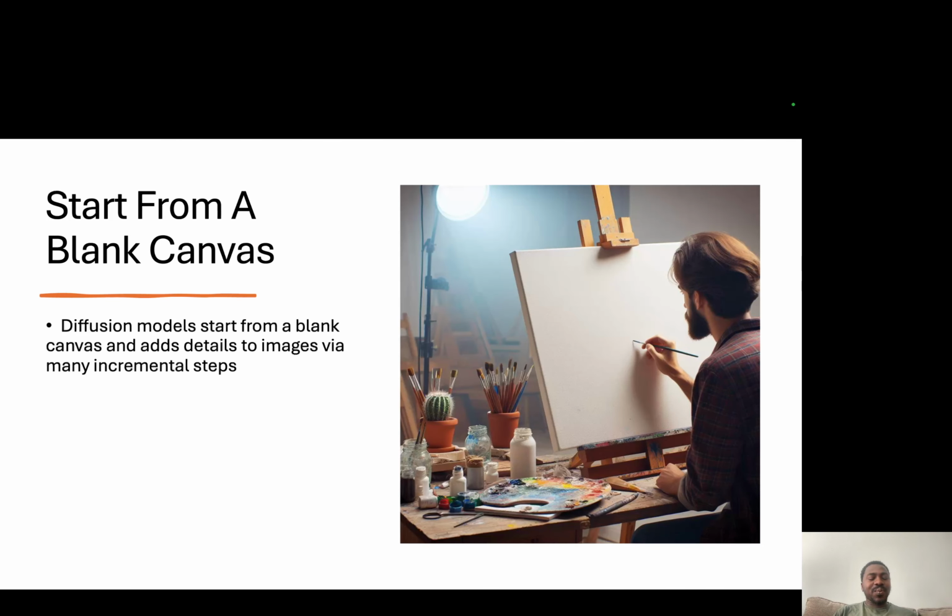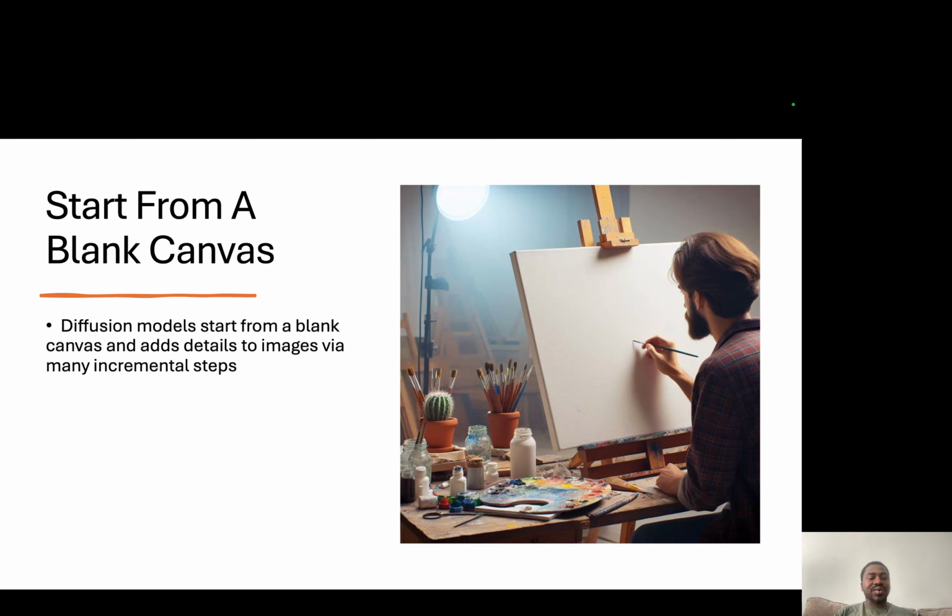The way to think about a diffusion model is to think about drawing on a blank canvas, right? Artists start from a blank canvas and gradually add details and details and details until you have a perfect artwork or painting or whatever you're trying to create.